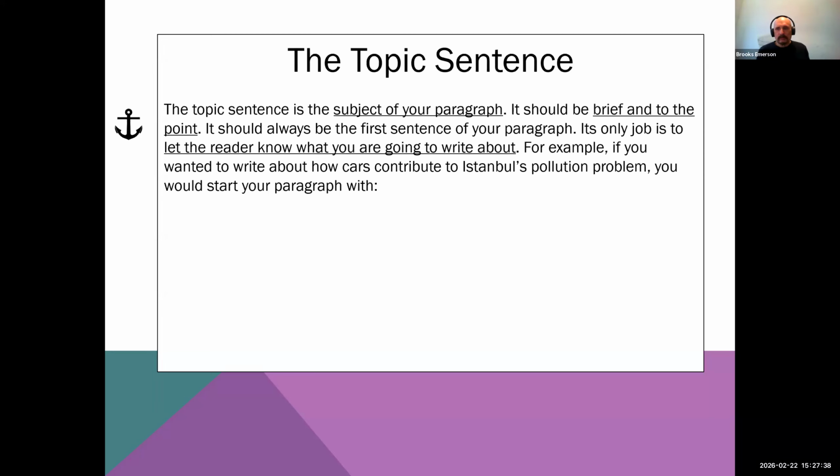I'm going to put together a paragraph now about how cars contribute to Istanbul's pollution problem. In the middle of an essay, my sentence is: cars are one cause of pollution in Istanbul. So it's to the point. You know that everything in this paragraph is going to be about how cars cause pollution in Istanbul. That's it. There's no more.